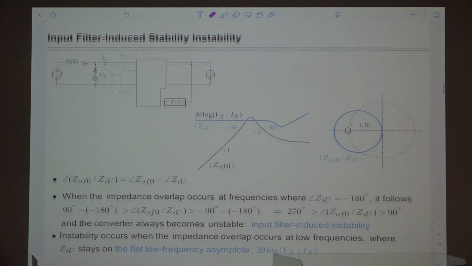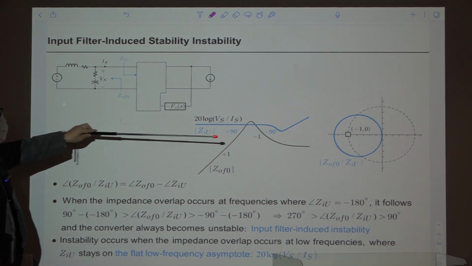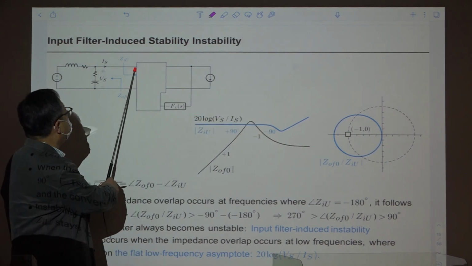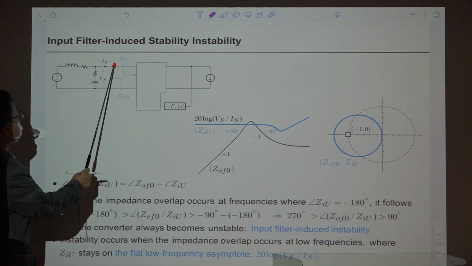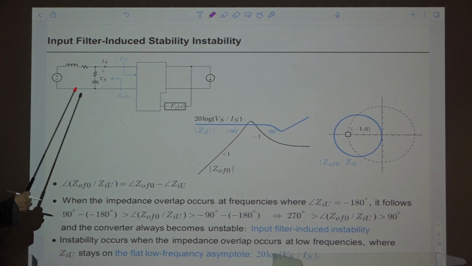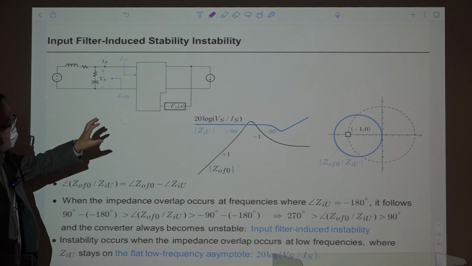So our problem is to investigate the characteristic of this type of impedance overlap. This is the input impedance of this converter, GIU, and this is the output impedance of this infilter, evaluated with the input port shorted. So we have this problem.